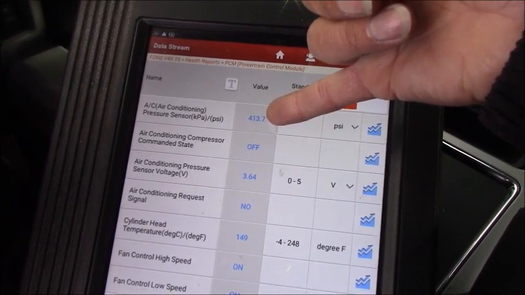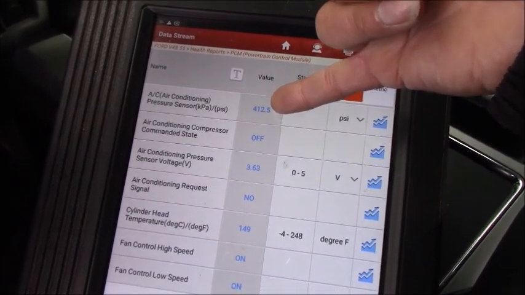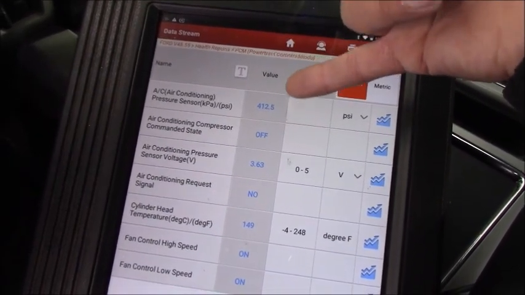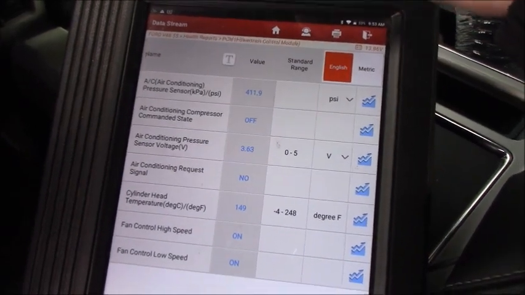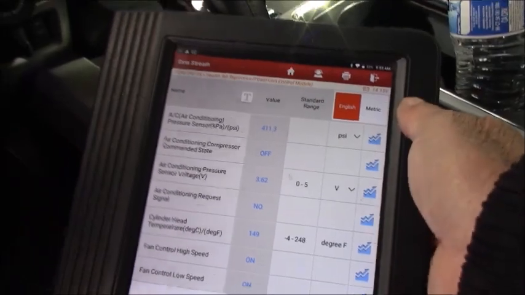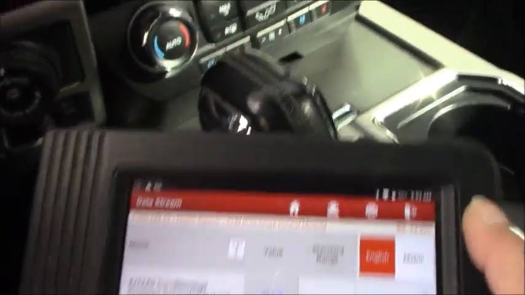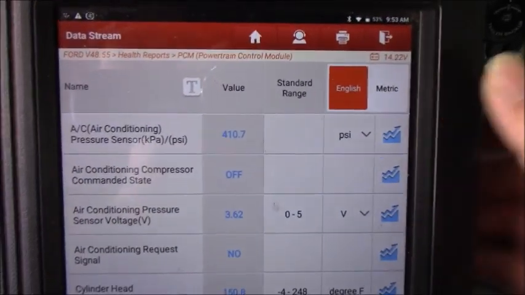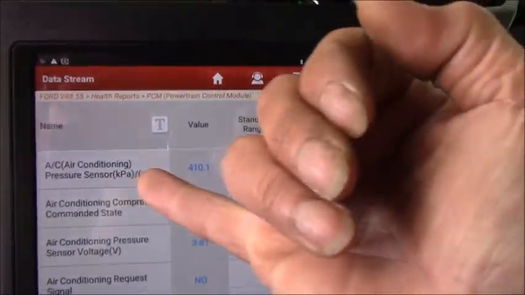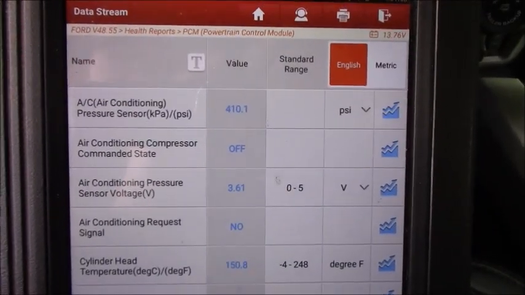If the computer is reading high pressure like this when the sensor is working fine, maybe that's a big deal, not a small deal at all. So with the scan tool and with the AC off right now, guys, I will go under the hood and disconnect the sensor and see whether the fan stops or not.